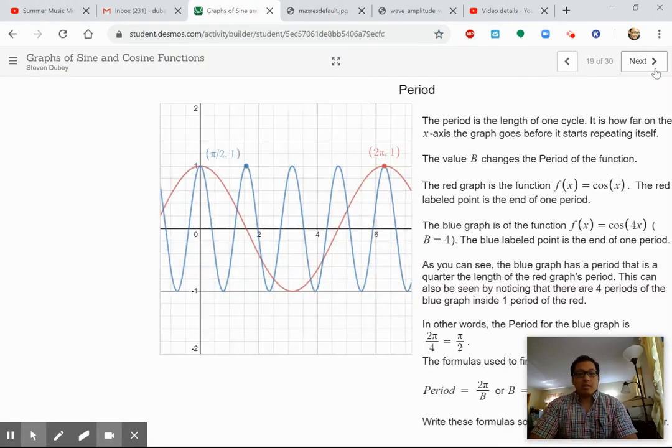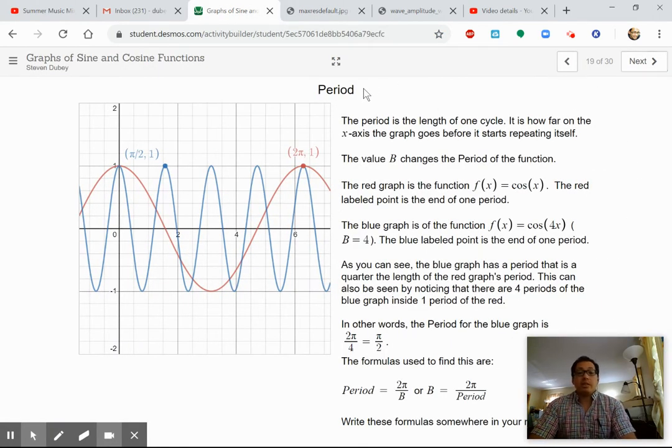And then on the next slide, hopefully you noticed that changing B changes the period. That's what I said before. So here in red is the regular cosine function, and here in blue is a cosine function with a different period, right? This is actually the cosine of 4 times x, cosine of 4x.